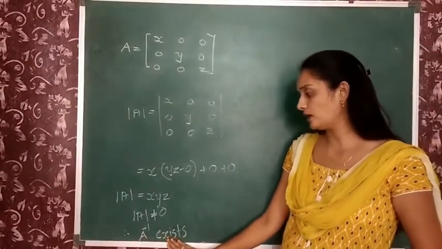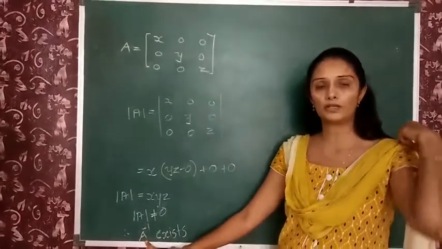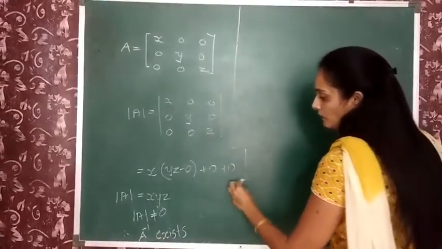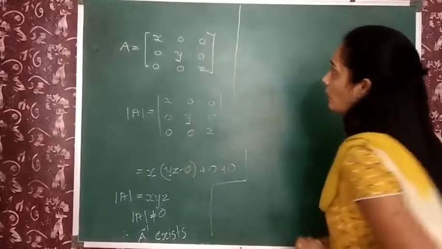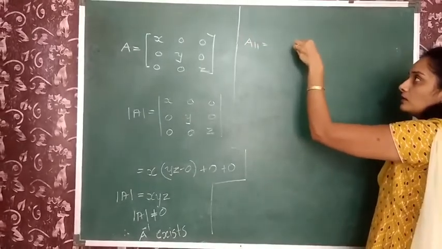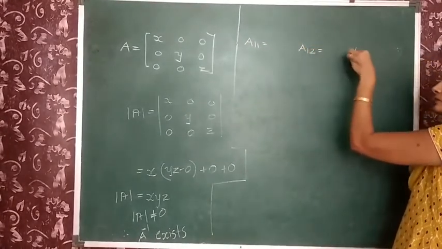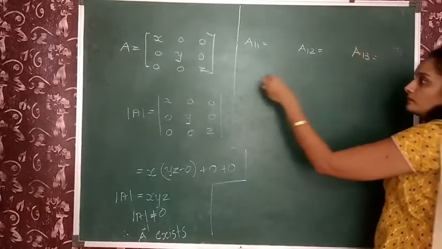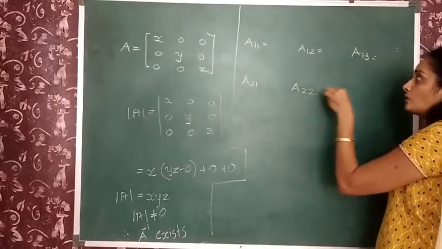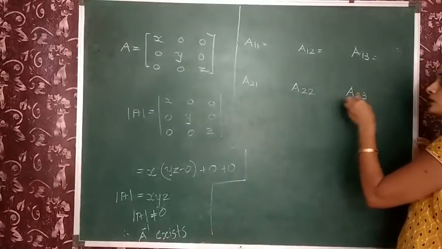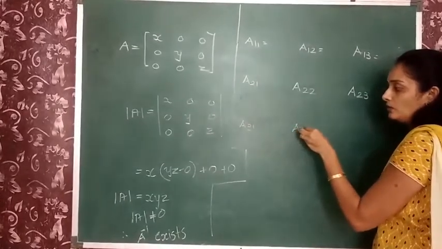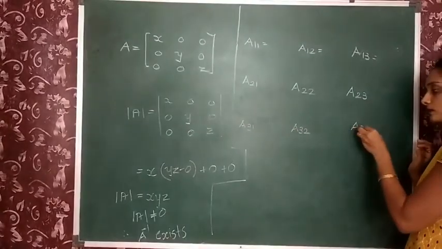Now to find A inverse, we need the adjoint of A, and for the adjoint of A, we have to find the cofactors of all elements. That means we have to find A11, A12, A13, A21, A22, A23, A31, A32 and A33.